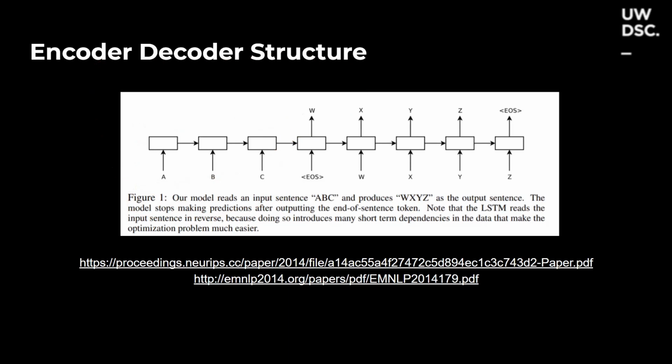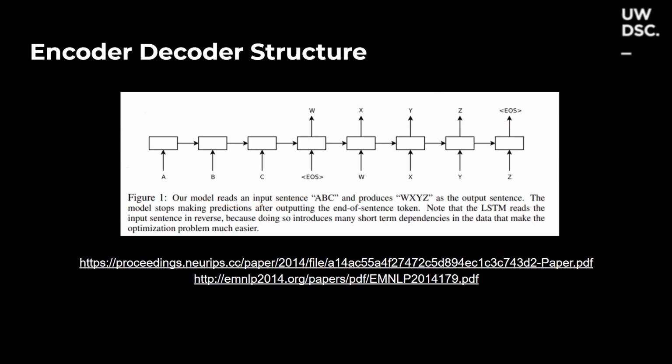Examples of this would be machine translation, where you feed in English words and it outputs French words, or speech generation, where you feed in English words and it outputs a sequence of noise or sound. And that's what encoder-decoder structures do.